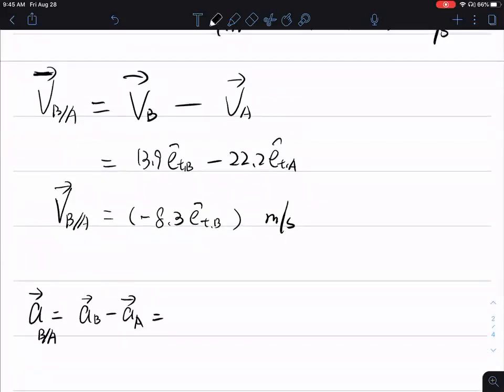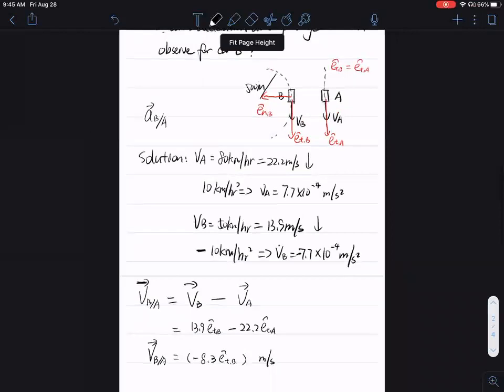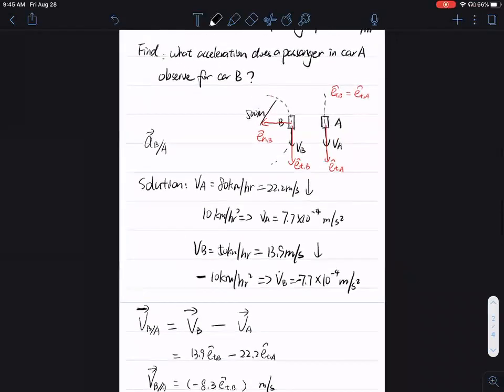What is the acceleration of car B? What coordinate system are we looking at here? Path. Then what is the acceleration for car B?